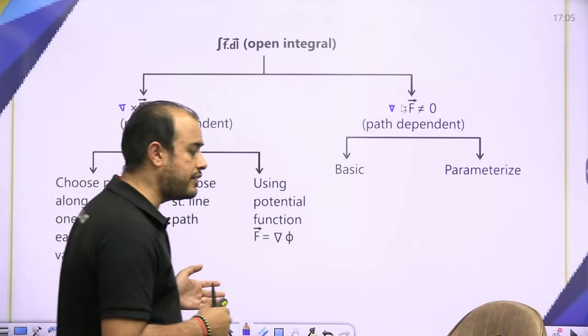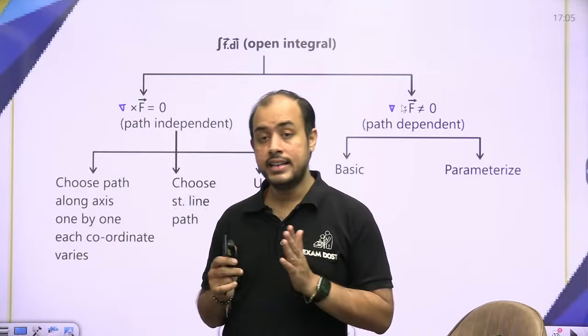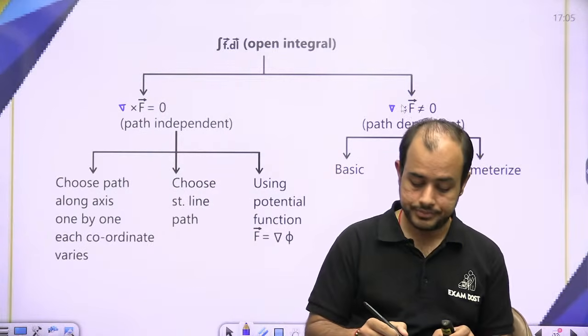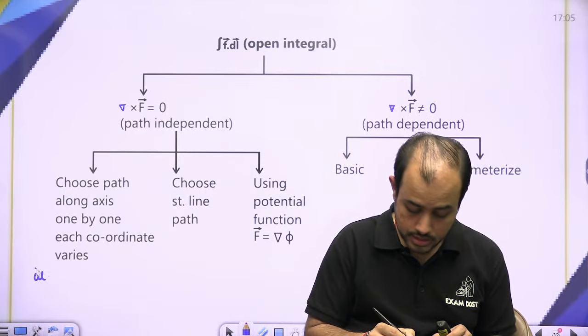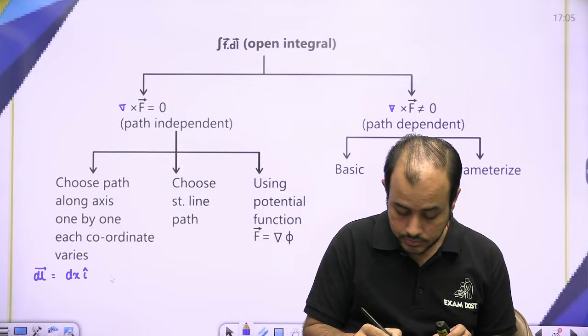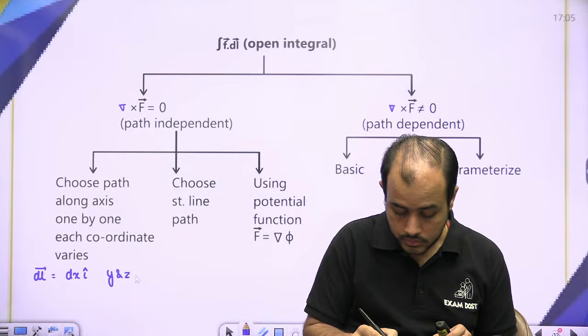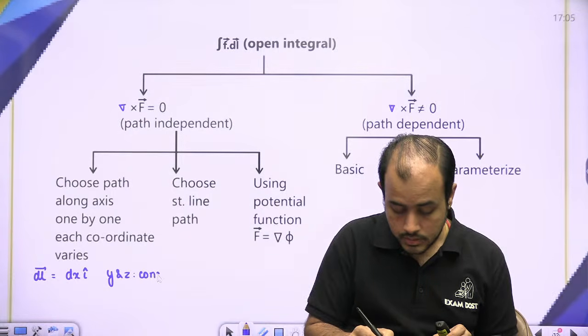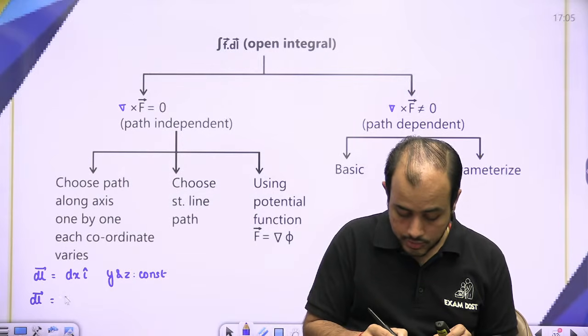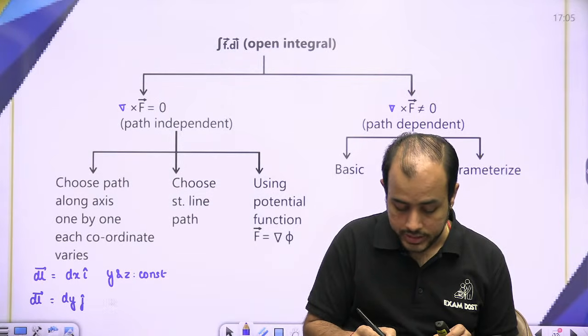That is, first I will vary the x coordinate, dl will be taken as dx ax. Okay? One by one you vary each coordinate.